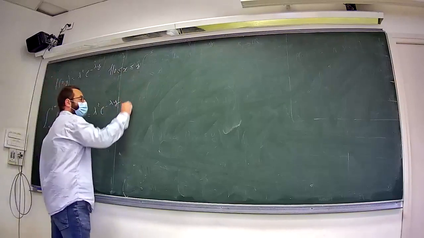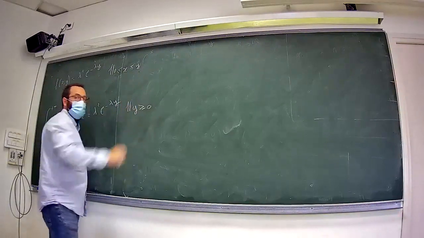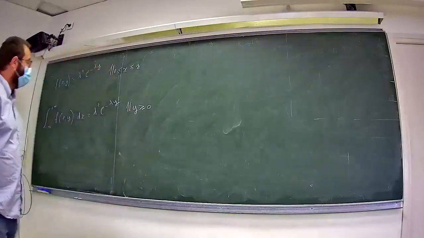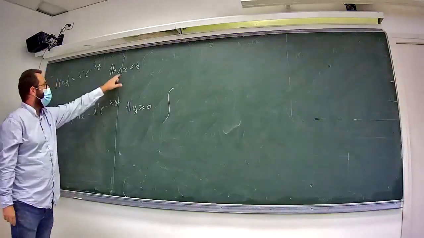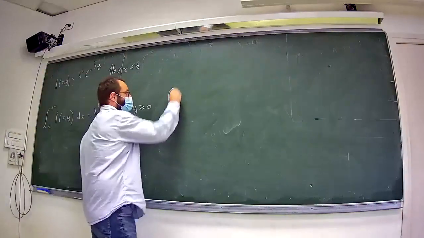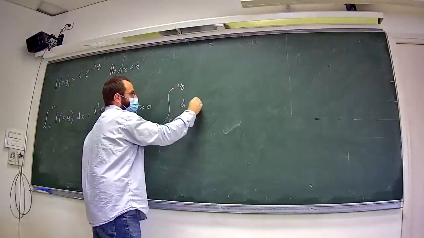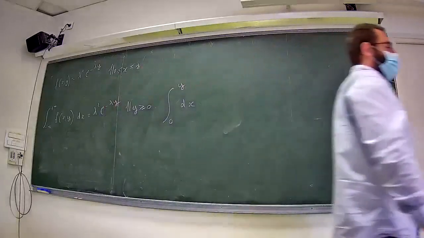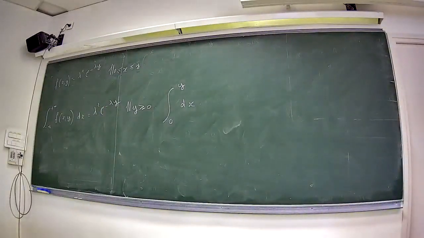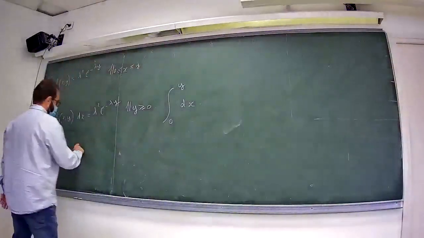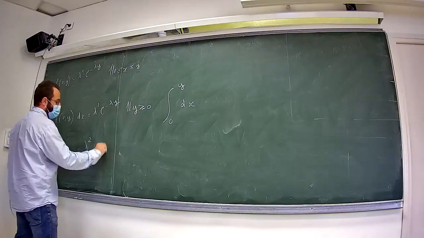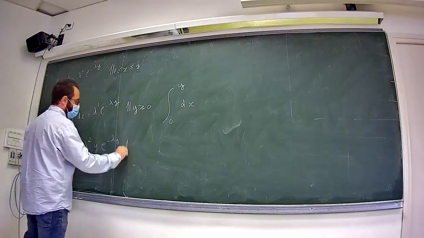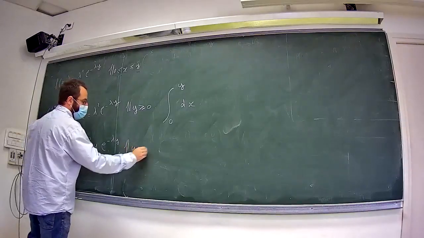So I don't have to forget that my y is positive. Okay? And it remains an integral between 0 and y. And I compute this integral. And what is the integral? Just y. Okay? So I see lambda square y exponential minus lambda y indicator function y positive.